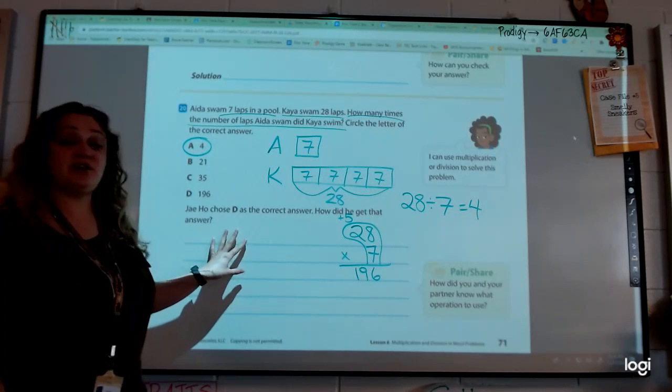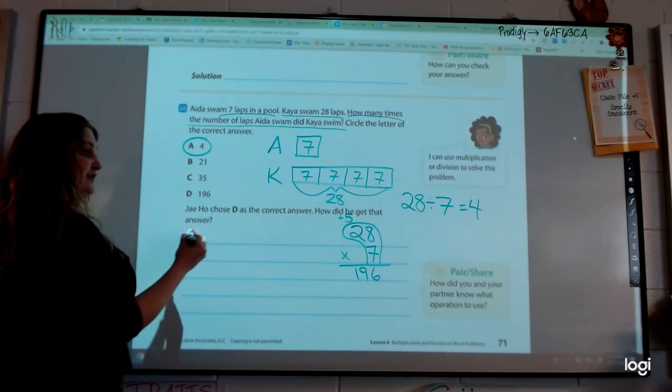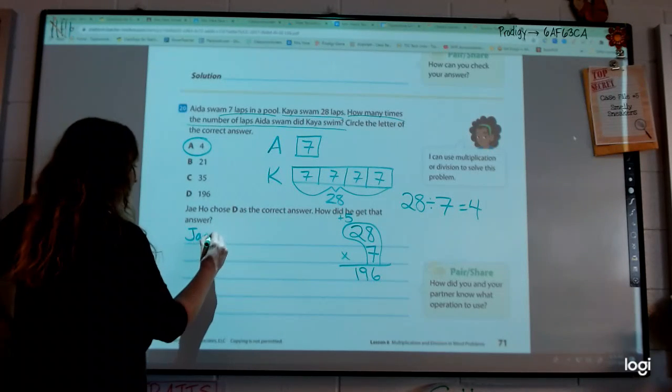So now we need to use our words to explain that, okay? So I am going to restate the question. How did you get that answer?